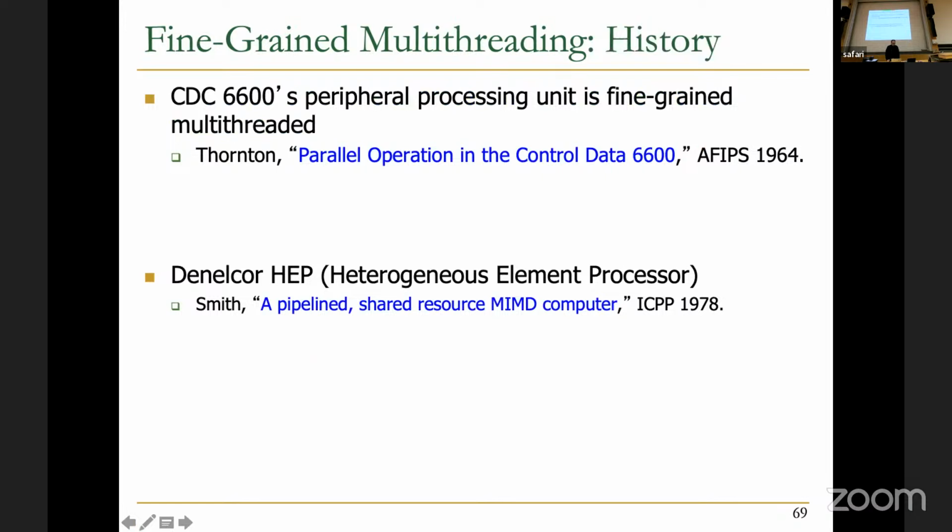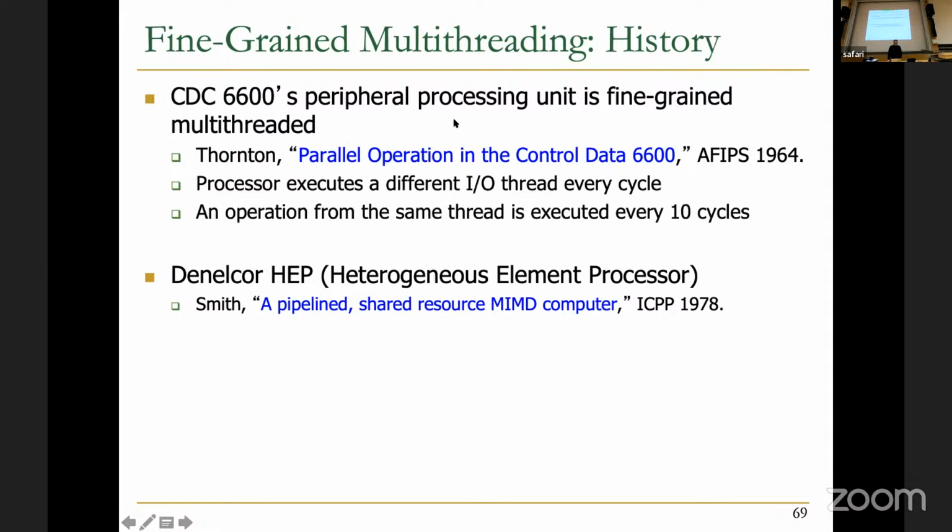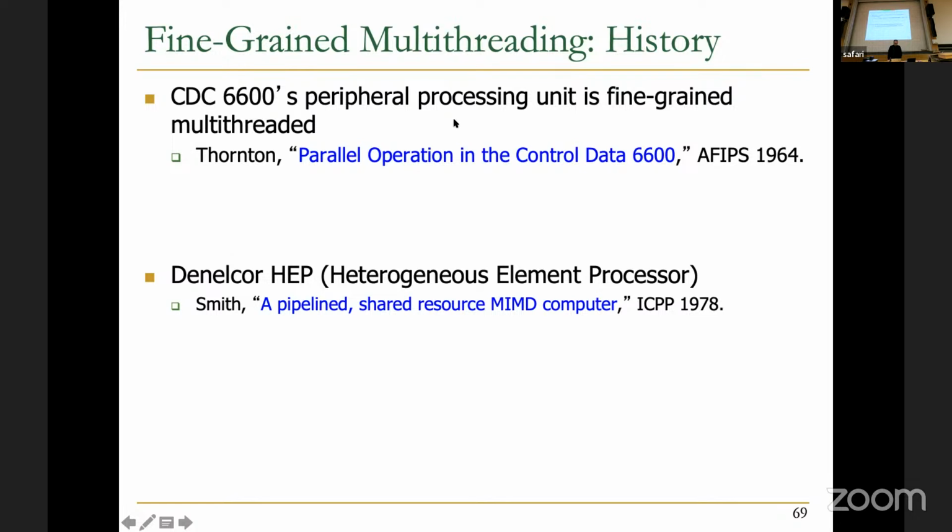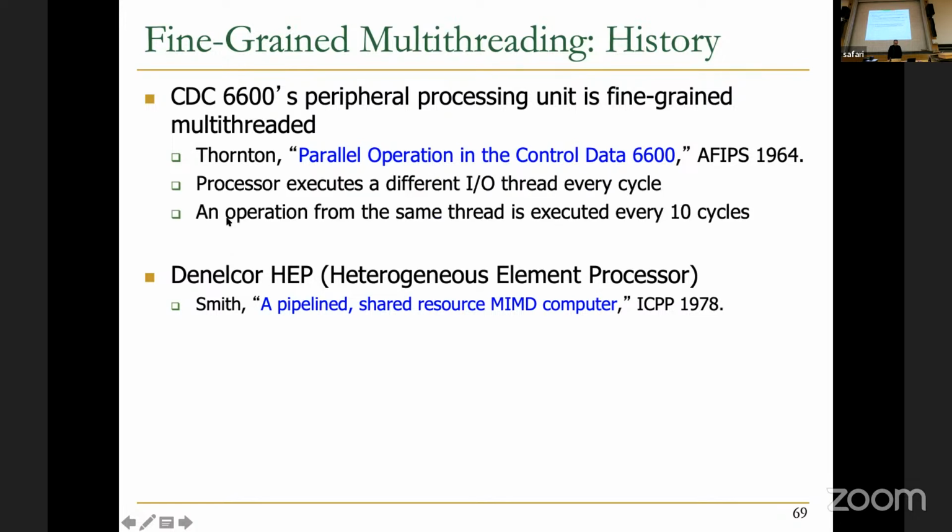There are two examples from the past. One is the CDC 6600, which is, I guess, one of the first, or maybe the first, out-of-order processors. This processor executes a different I/O thread every cycle, and an operation from the same thread is executed every 10 cycles.